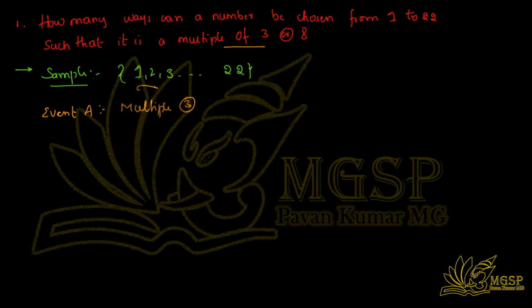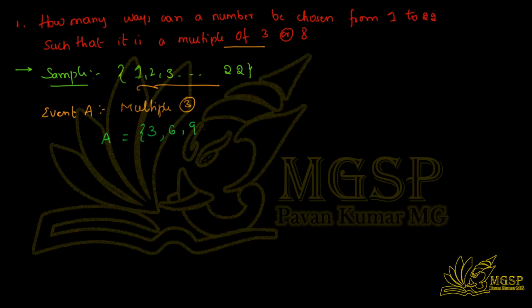Now, out of the sample space, what are the things that come under multiples of 3? 3 ones are 3. Next, 3 twos are 6.